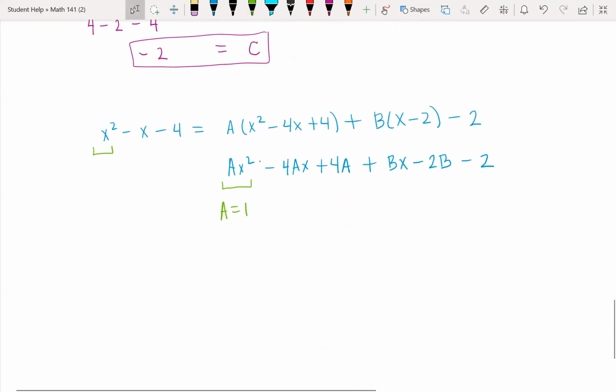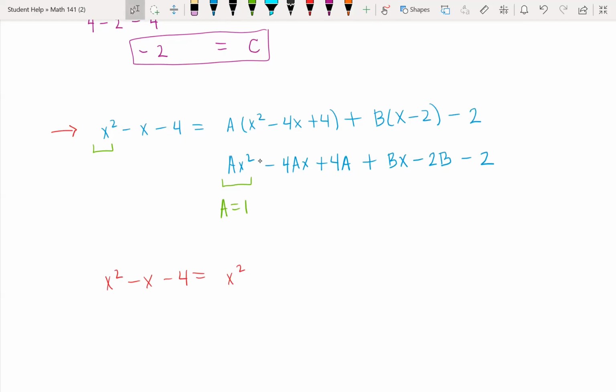So let's rewrite this equation again using what we now know for a and c. So I've got x squared minus x minus 4 equals, since a is equal to 1, x squared minus 4x plus 4 plus b times x minus 2 minus 2.